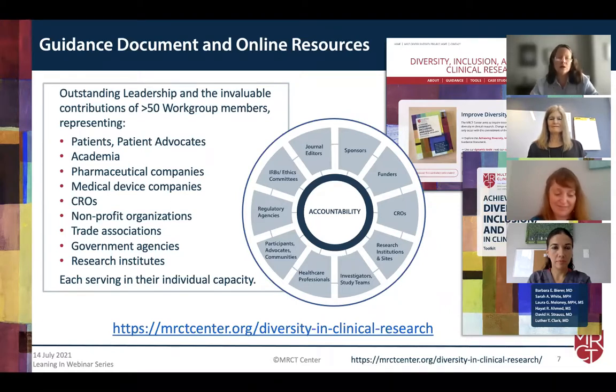We started that work in 2017, and it was led by ourselves, FDA, and individuals from industry, academia, and patient advocates, but the work group represented a host of widely disparate stakeholders in the clinical research enterprise.